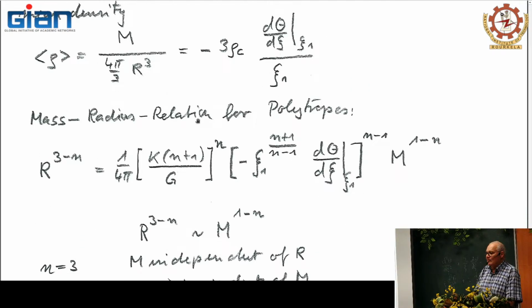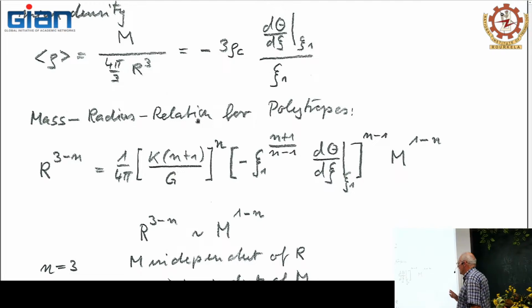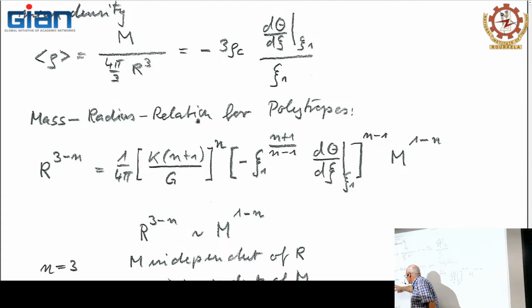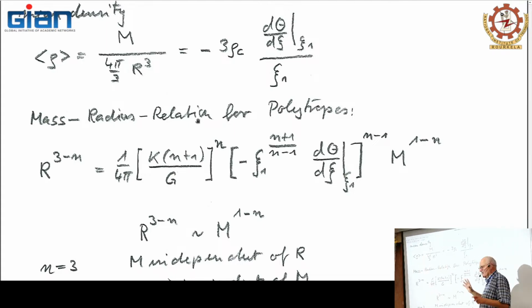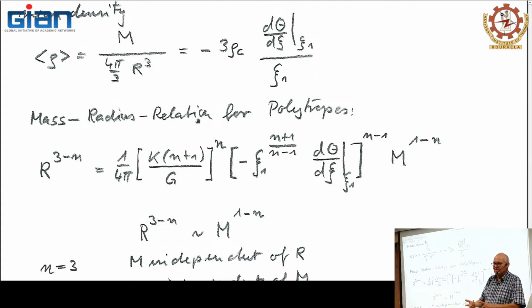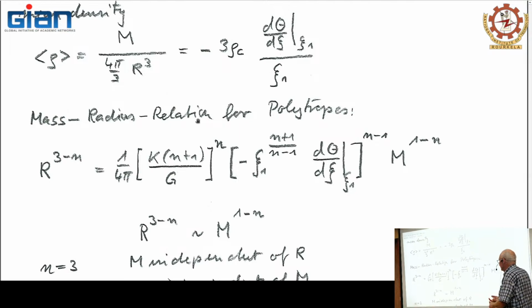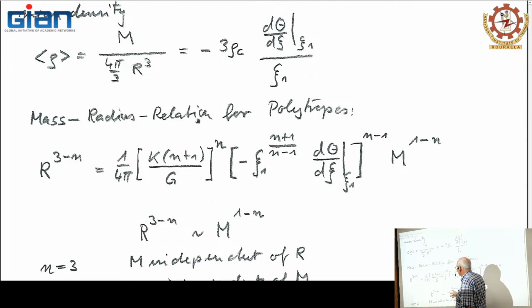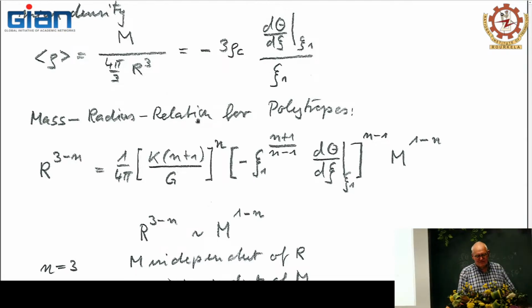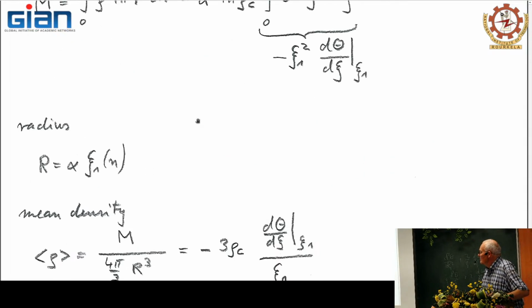This relation, which we get finally, contains only the radius and mass. So the central density has been eliminated and the normalization factor alpha has been eliminated. What is left of the physical constants is the polytropic constant K and the gravitational constant.